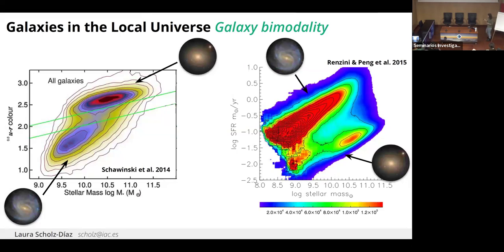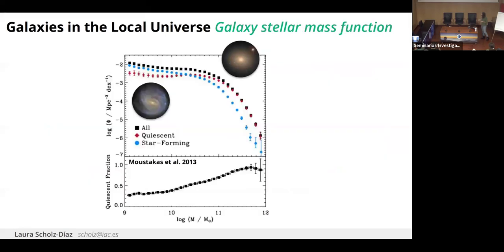For example, if we look at the stellar mass function, so at the number density of galaxies in a given region of the universe, if you see first this black line, you see how this number density of galaxies as a function of stellar mass, this galaxy stellar mass function, is dominated by low mass galaxies, and when we increase the stellar mass, this function goes down.